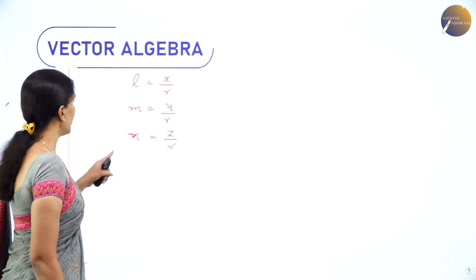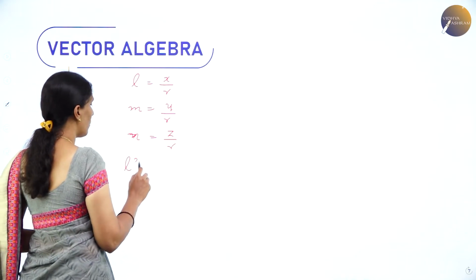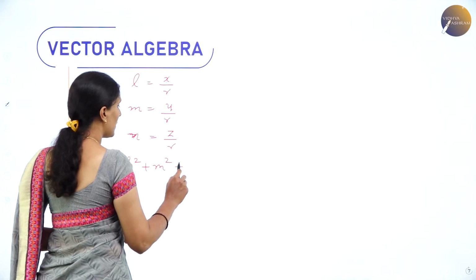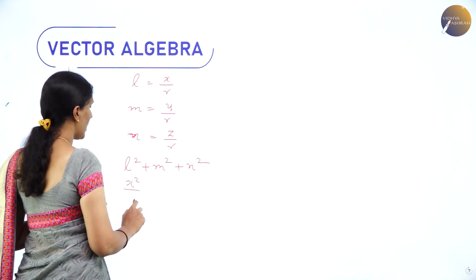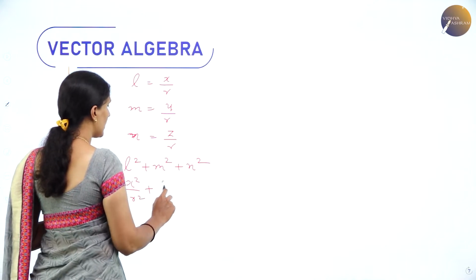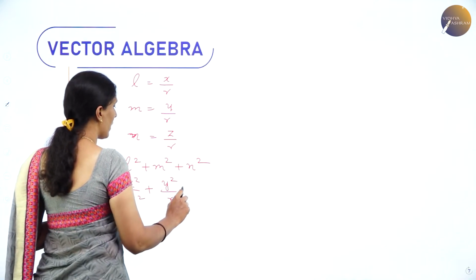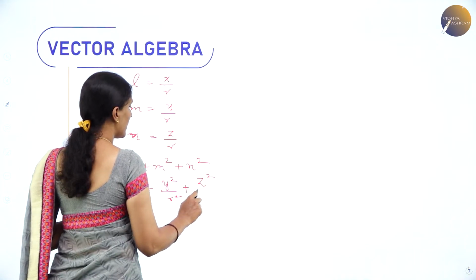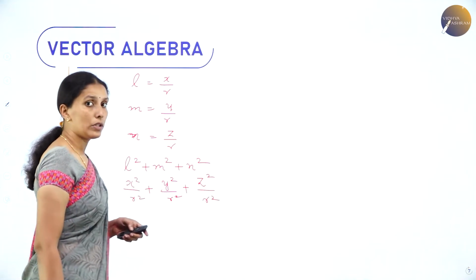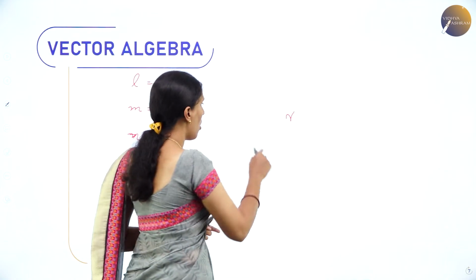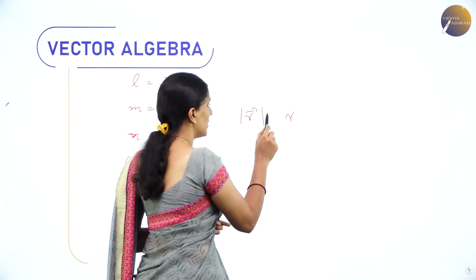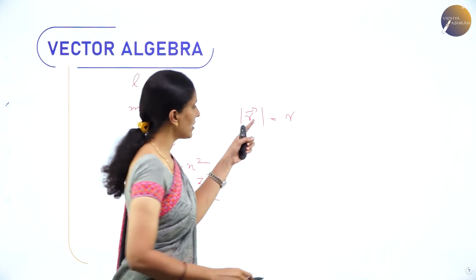Now let me see what L square plus M square plus N square is here. L square is nothing but x square by r square, M square is nothing but y square by r square, and N square is nothing but z square by r square. We know that the magnitude of the vector r, we simply denote as r.